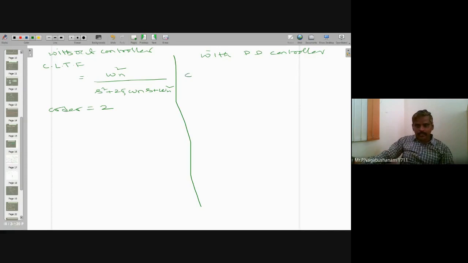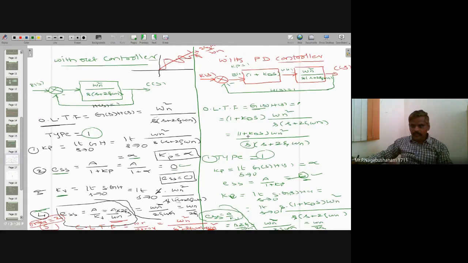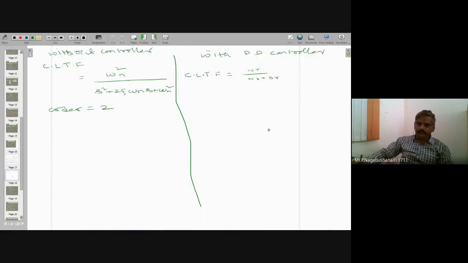The closed loop transfer function of a second order system with the PD controller is numerator divided by numerator plus denominator. What is the numerator? 1 plus Kd s, omega n square.